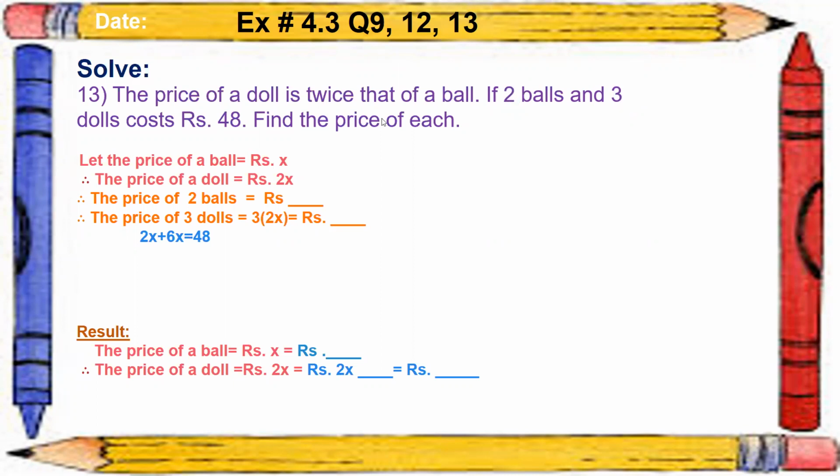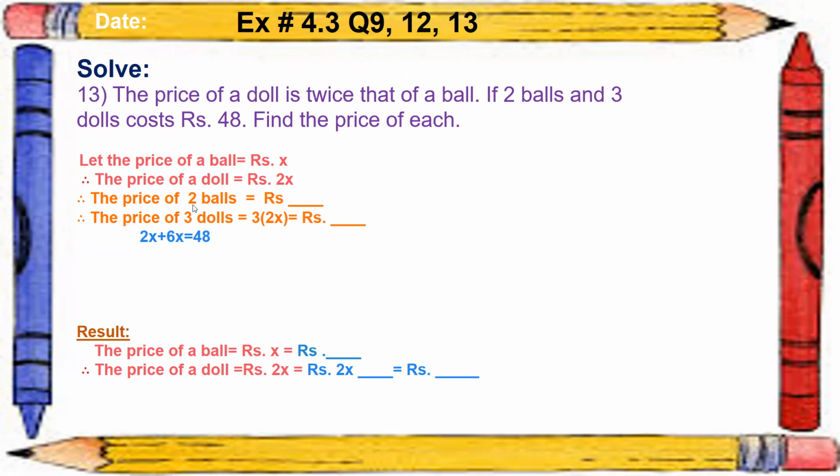Okay, so find the price of each. First, what you have to do is let the price of the ball be x, then the price of the doll. You have to do this question in the similar way which I have already explained to you.